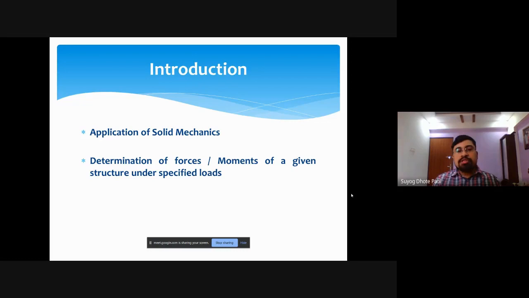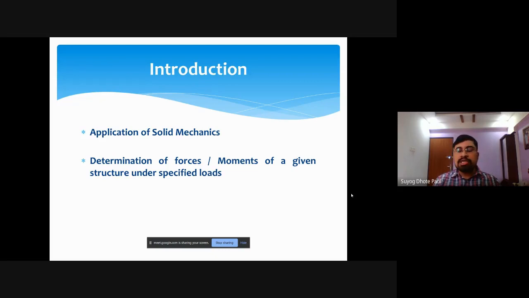These unknown forces are in the form of support reactions, and apart from support reactions, shear force, bending moment, and axial forces. All of these are unknown forces. A method in which we can determine these unknown forces with the use of known forces is termed analysis.